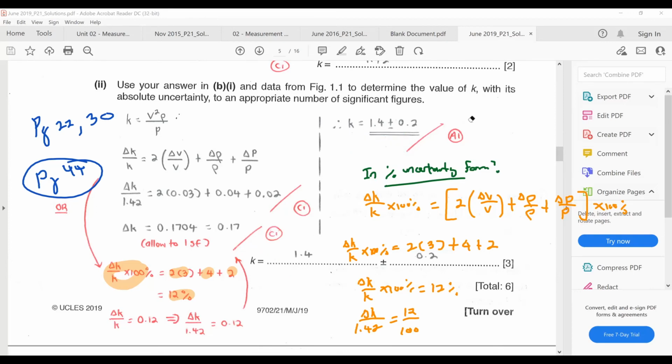This one is 2 SF, 2 dp. The rule is 1 SF, so this one will become 0.2. 1 SF, 1 dp. So the measured value must be 1 dp only. That's why 1.42 at 2 dp must be rounded off to 1 dp.